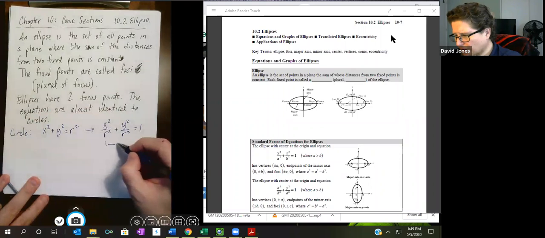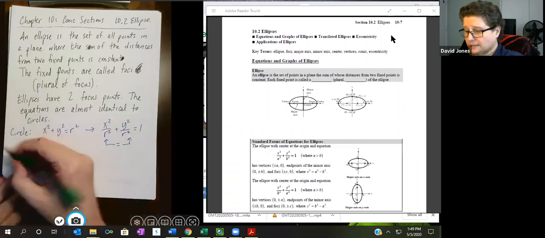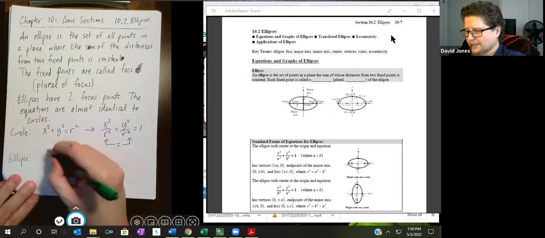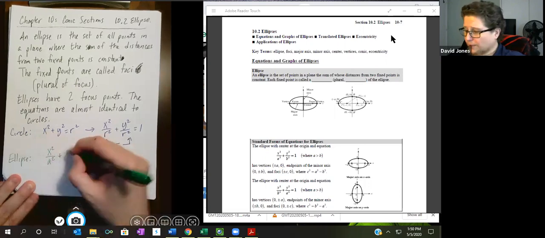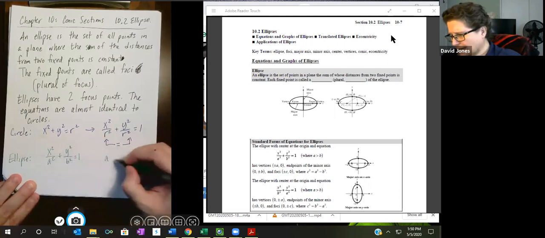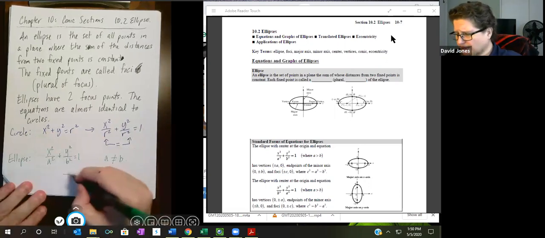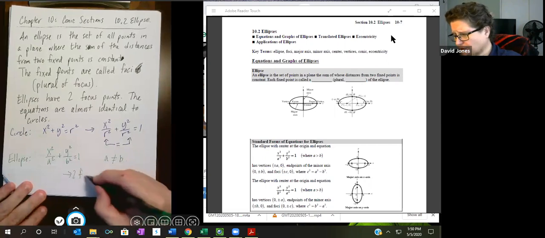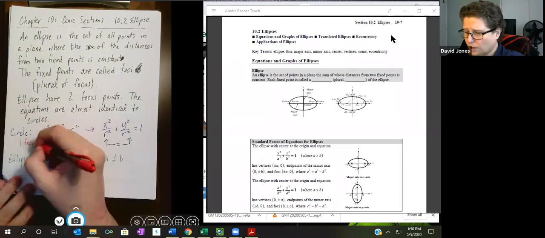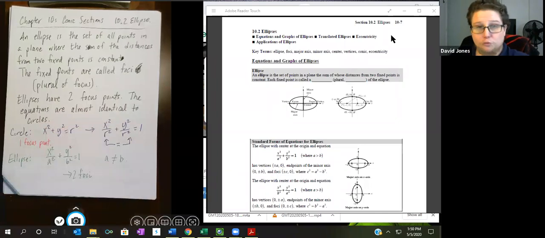Here, these two are equal. The only difference on an ellipse, we get x squared over a squared plus y squared over b squared equals 1, and a does not equal b. This generates two focus points, or two foci. The circle only has one. They end up overlapping. And I'll show you that on Desmos. It's really neat watching it happen.